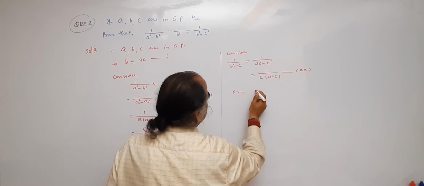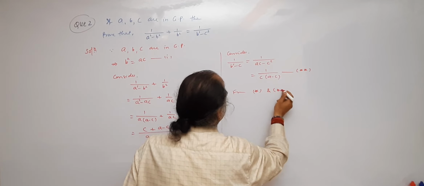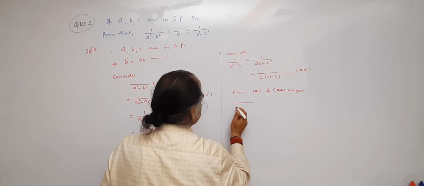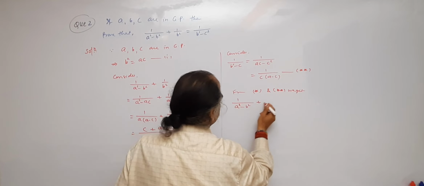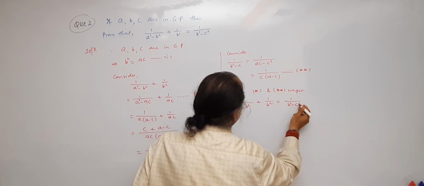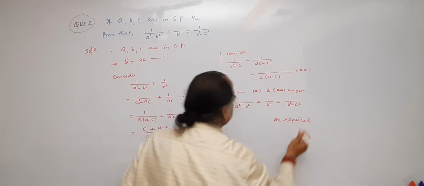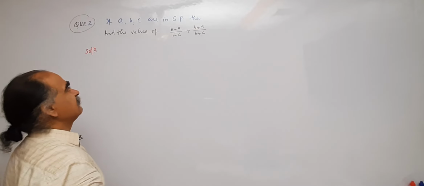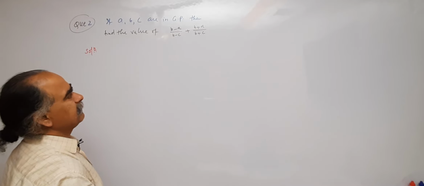From star and double star, we get 1 upon a square minus b square plus 1 upon b square is equal to 1 upon b square minus c square, as required.